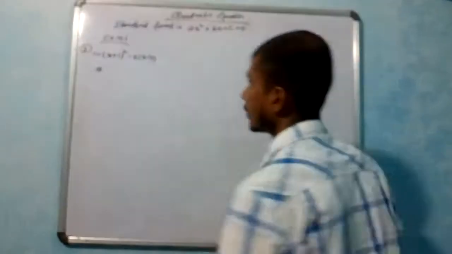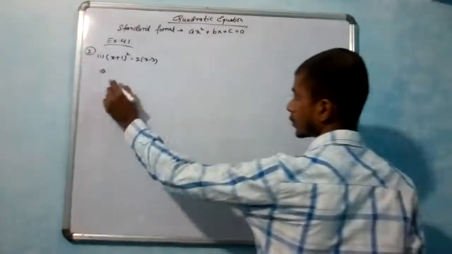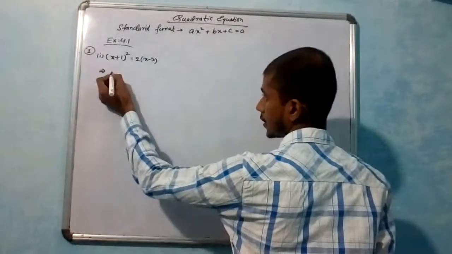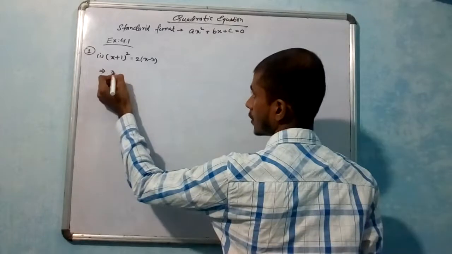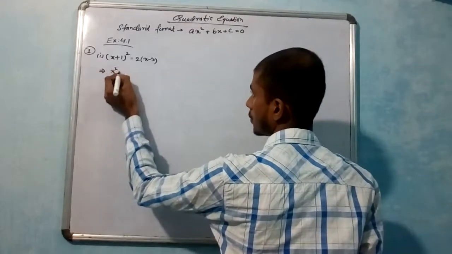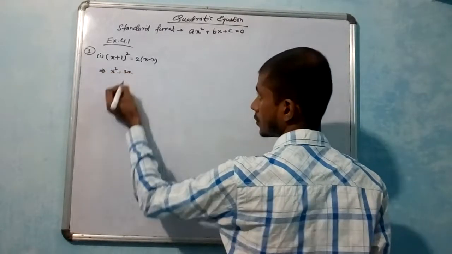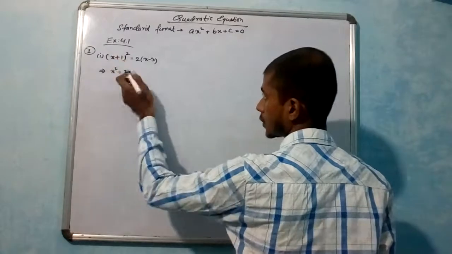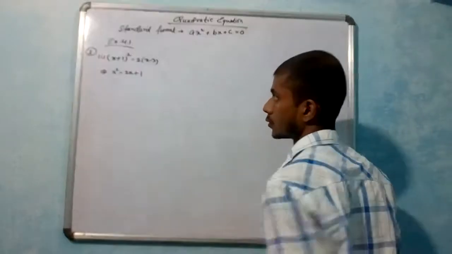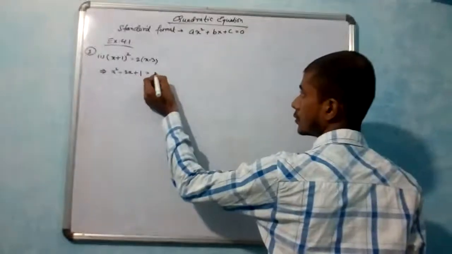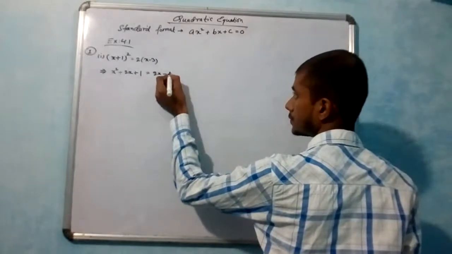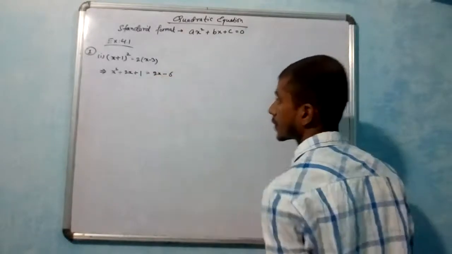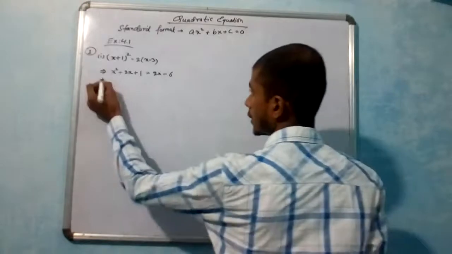So expand it. It is a square plus 2ab plus b square, that is x square plus 2x plus 1 square, that is 1, is equal to 2x minus 6. And then what will we do?